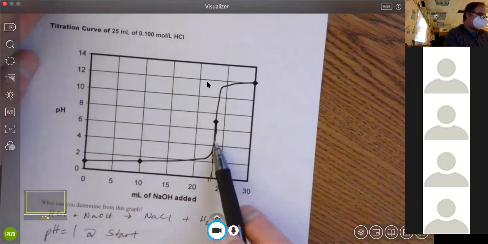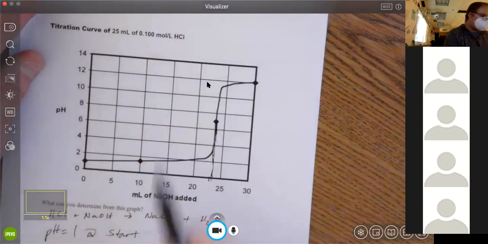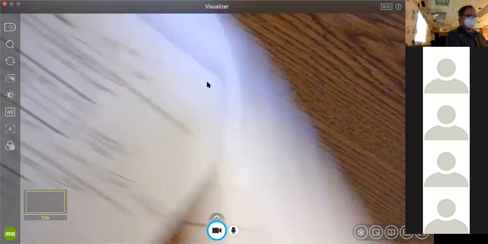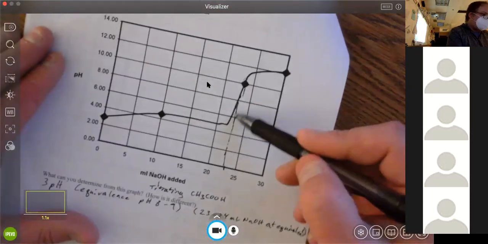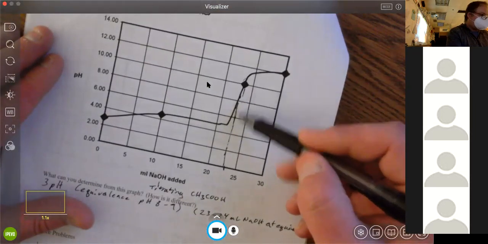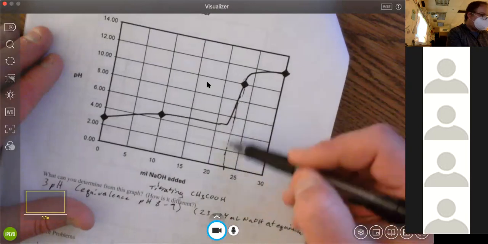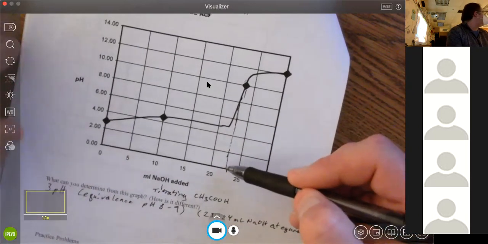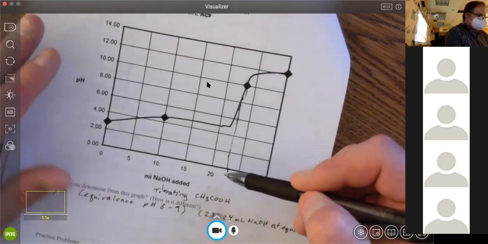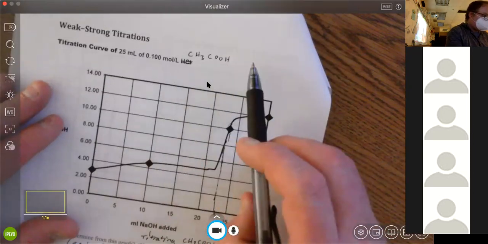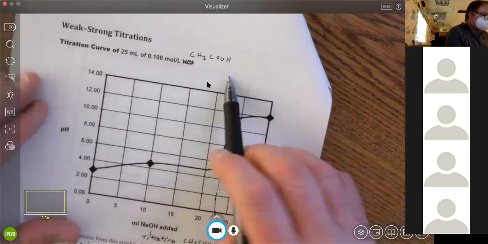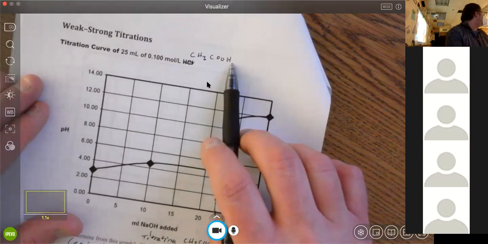What do we notice about the equivalence point for the HCl and the NaOH versus the equivalence point for the CH3COOH and NaOH? They're the same basically, and that's because we have, in a sense, that one hydrogen.